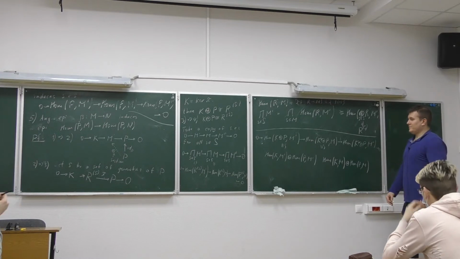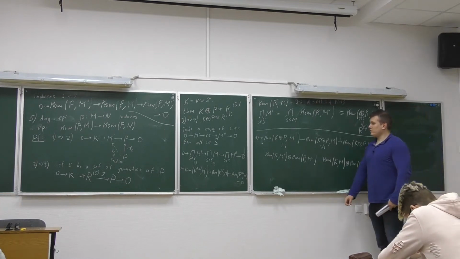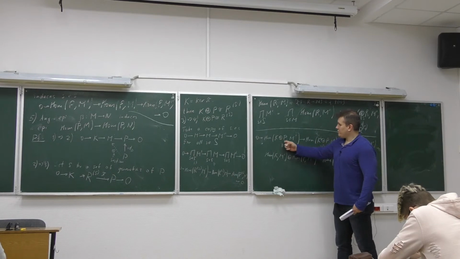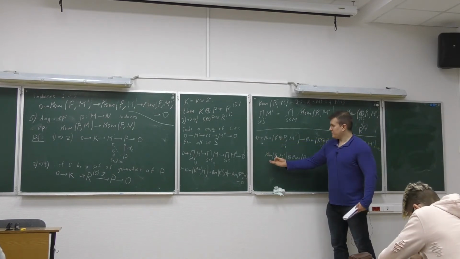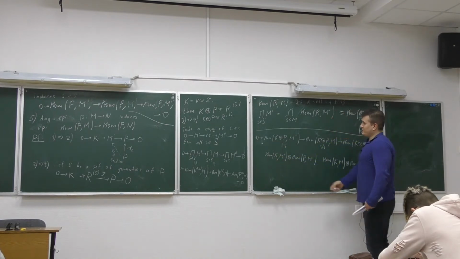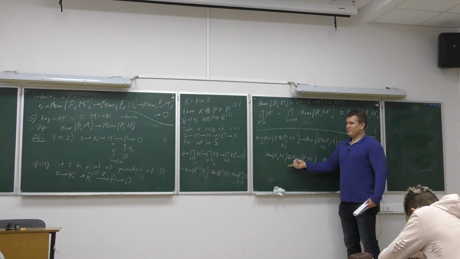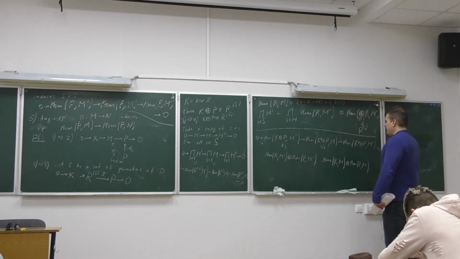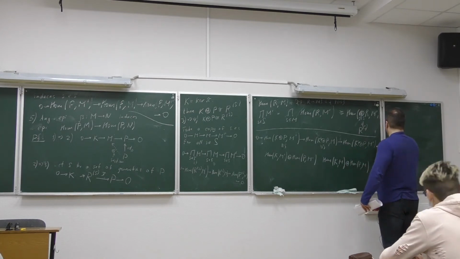You know that if you have any sum here, you need to write the product. But for finite sets, the products and direct sums are the same thing. So you get this, or you can just check this directly for two elements. This is also a quite elementary observation. So this is the second thing, and the third thing.